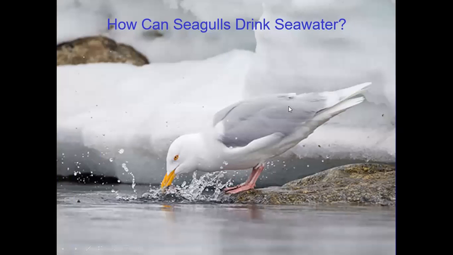And then obviously we cannot drink seawater, but a lot of marine birds and mammals can drink seawater. The main difference is that they have something that's called a salt gland.